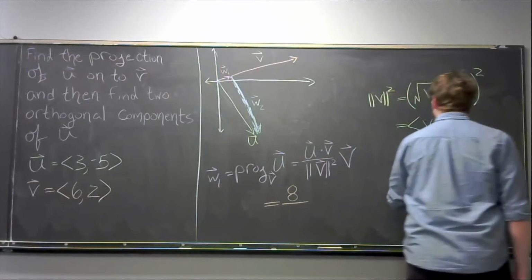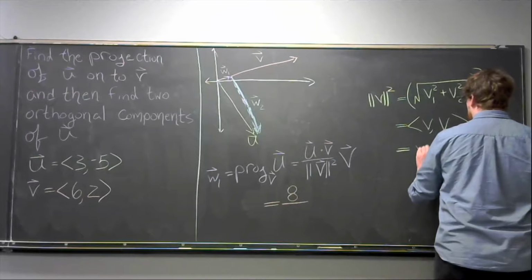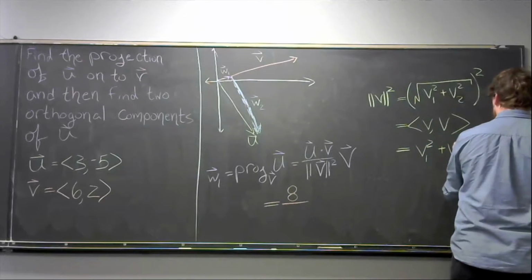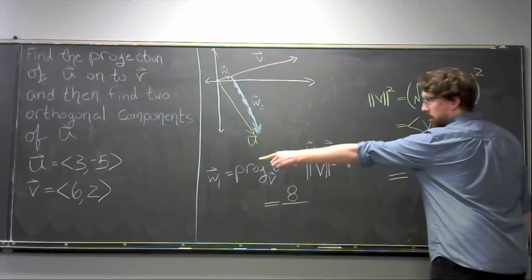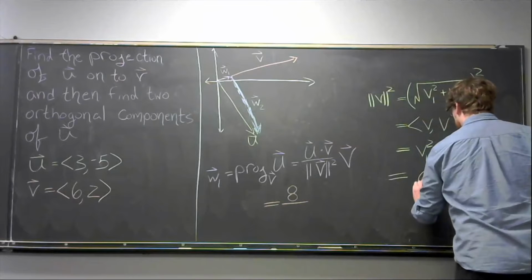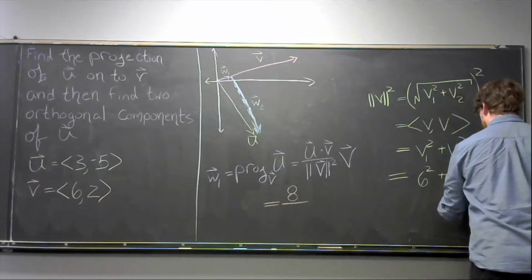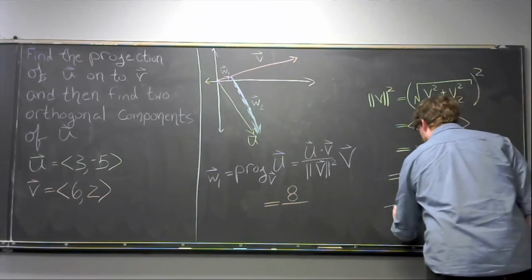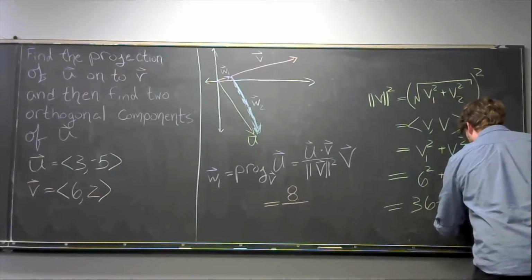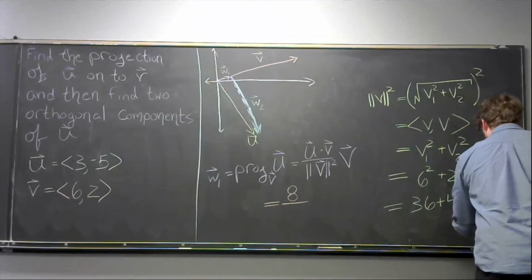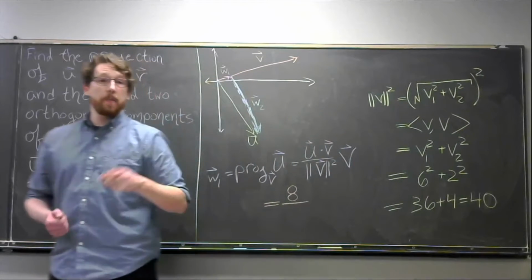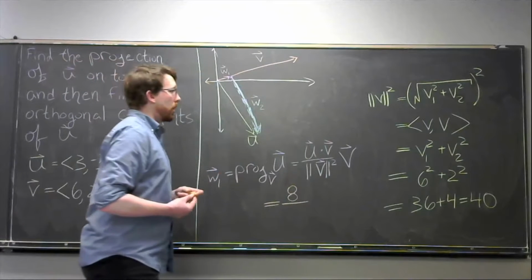This is going to be equal to then v1 squared plus v2 squared, which is equal to 6 squared plus 2 squared, which is equal to 36 plus 4, or just 40. So now we know our denominator. Our denominator is equal to 40.